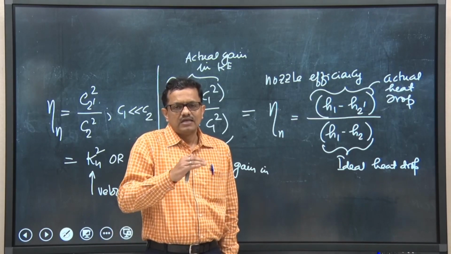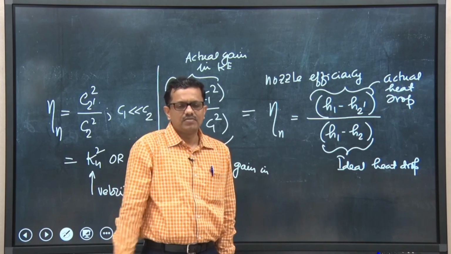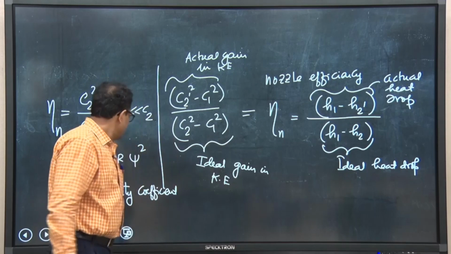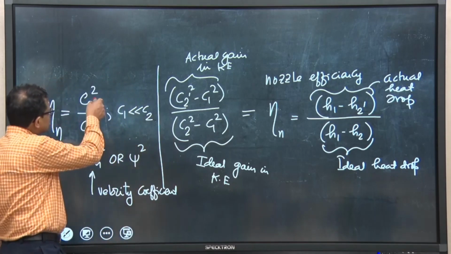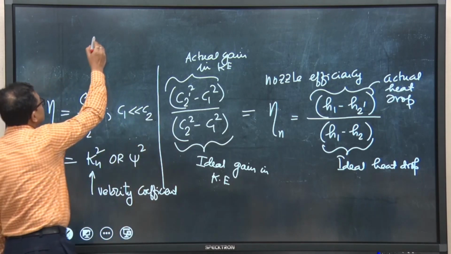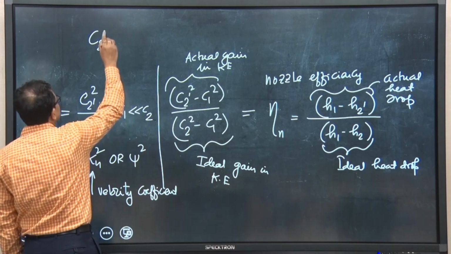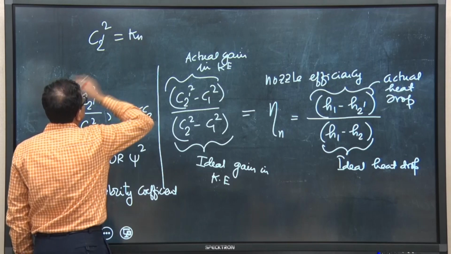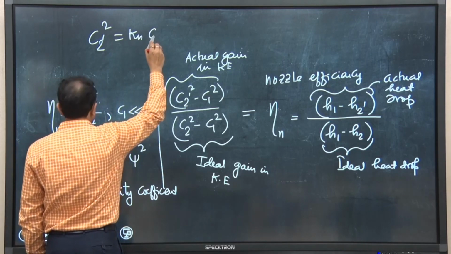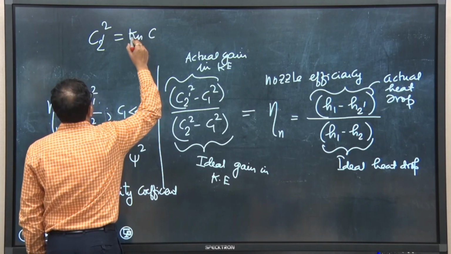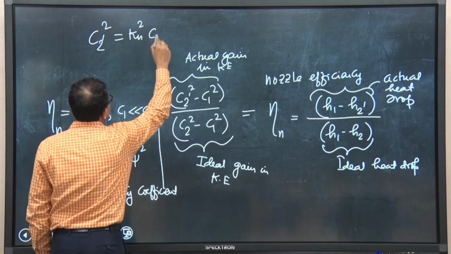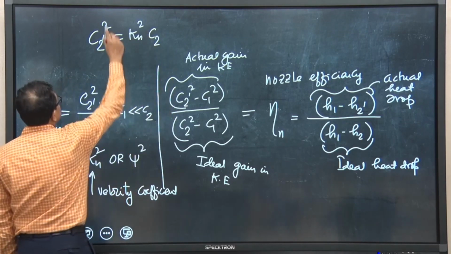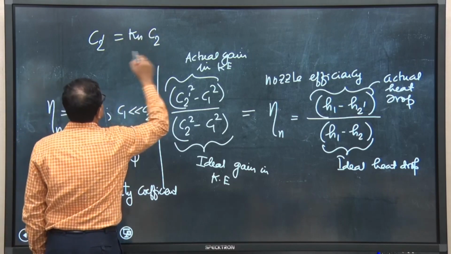If it is relatively smoother, then it should be closer to 1. So, as you have studied in fluid mechanics, C2 prime square equals Kn square into C2 square.